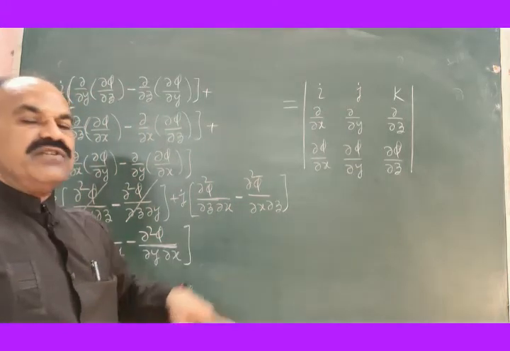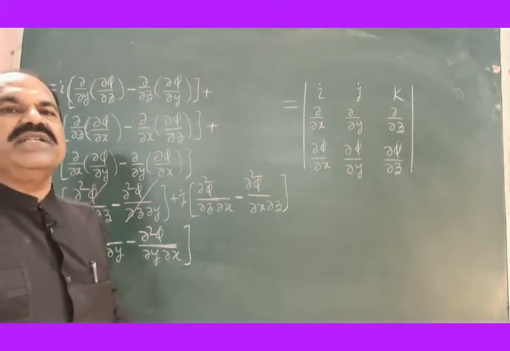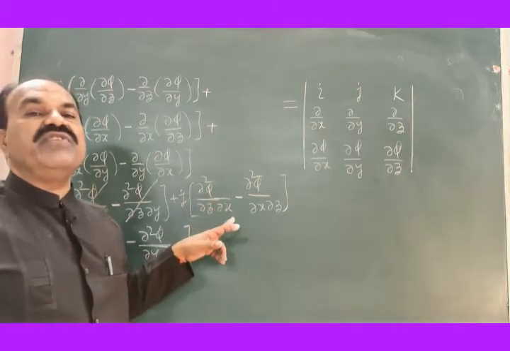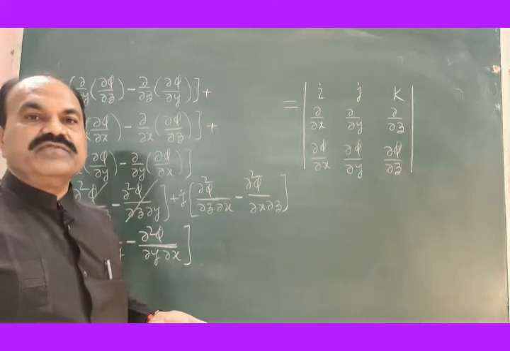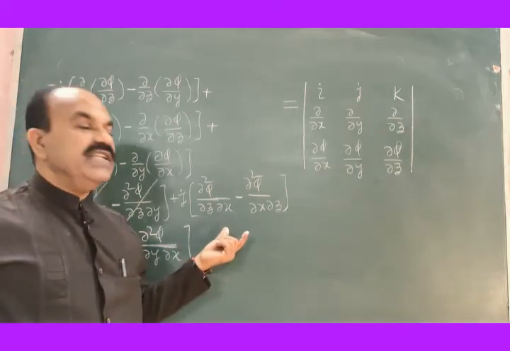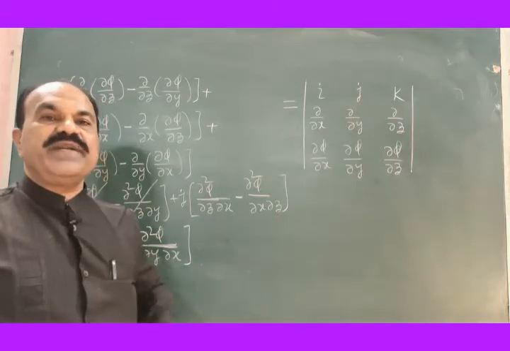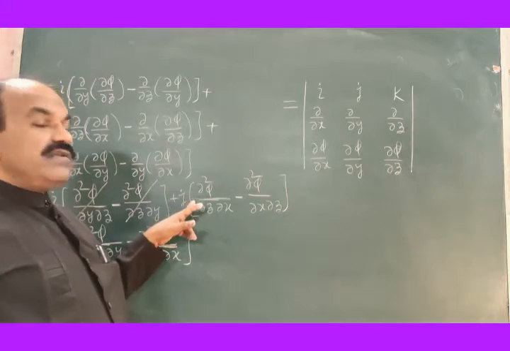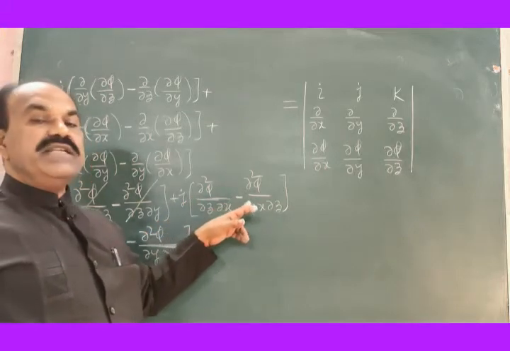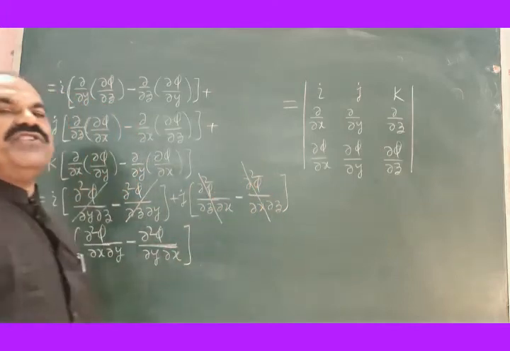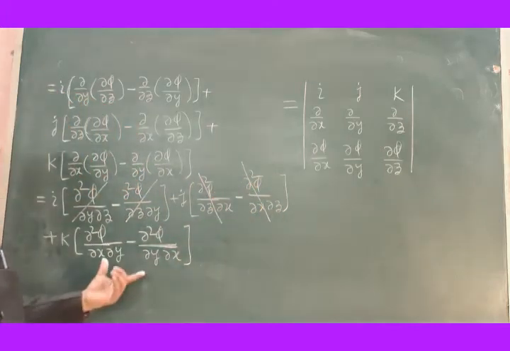These are same terms, because differentiation of phi is carried out with x and z. Order of appearance of x and z in the denominator does not matter. This term and this term are same, but one is plus, other is minus, so this term vanishes with this term.